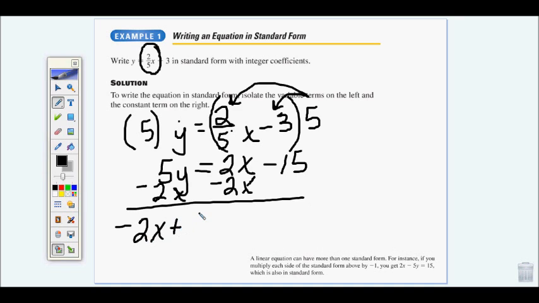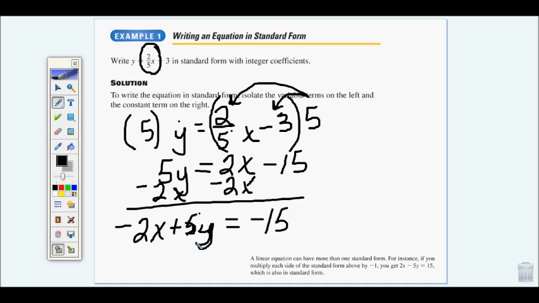I have a positive 5y, and that's going to equal a negative 15. And now I have all integer coefficients, and I have my variable terms on the left, and I have my constant term on the right.